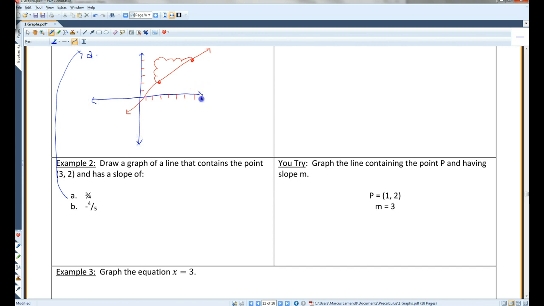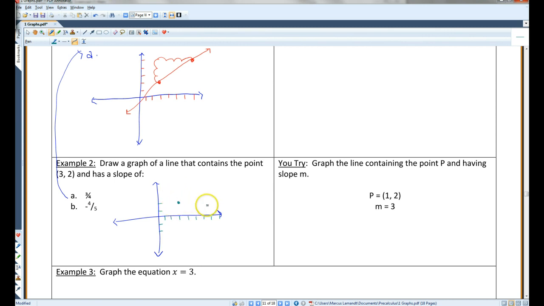Alright, let's do part B. And I'll use green this time. Okay, so once again, (3, 2). But this time, I'm going to go down. Anytime you have a negative slope, you're going to go down instead of up.